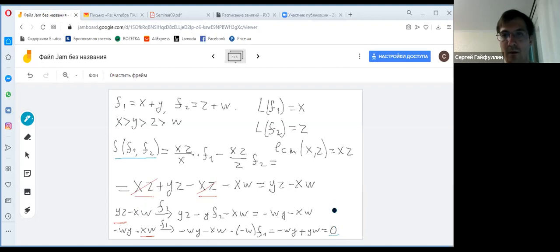Okay, then this system F1 and F2 is a Gröbner basis. Okay, we have solved the task number 1 for standard lexicographical ordering. It is clear. Do you have some questions?